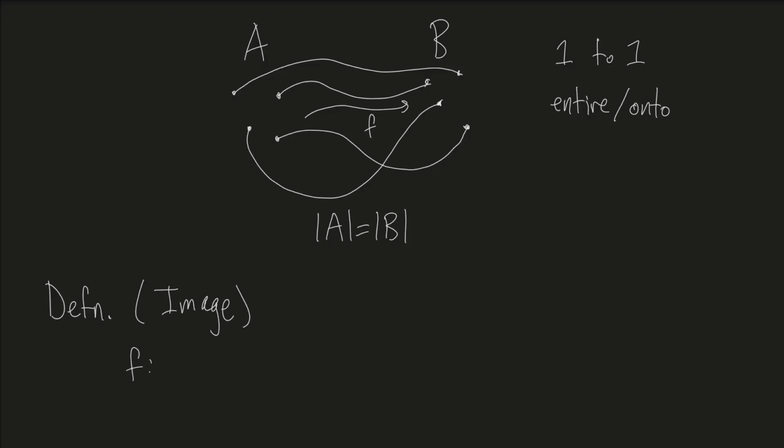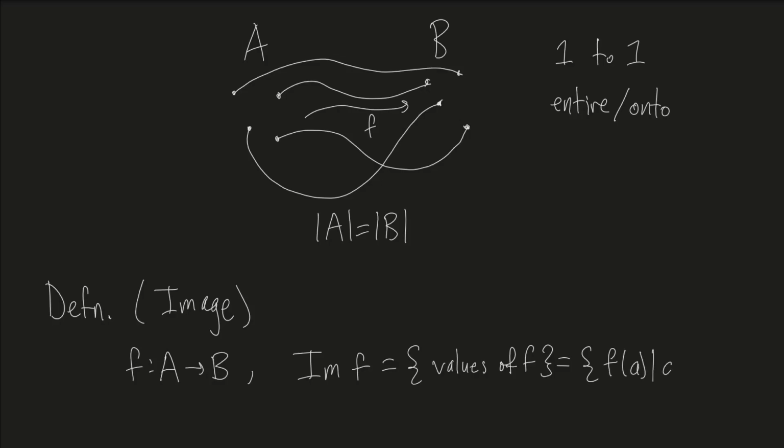So if we have a function from A to B, the image of f, which we denote as im f, conceptually, it's the set of values of f, which specifically is saying that it's the set of f of a such that a is in the set A. Okay?